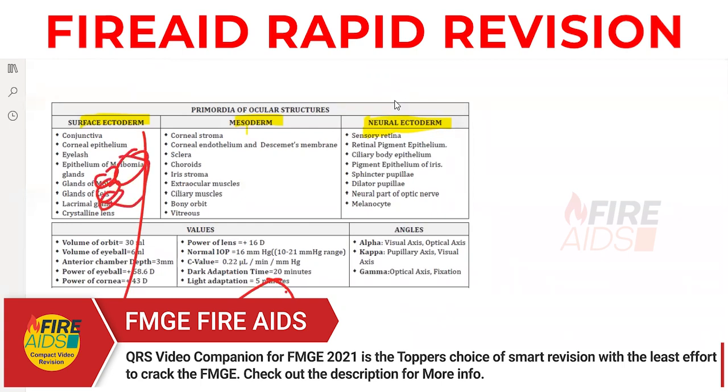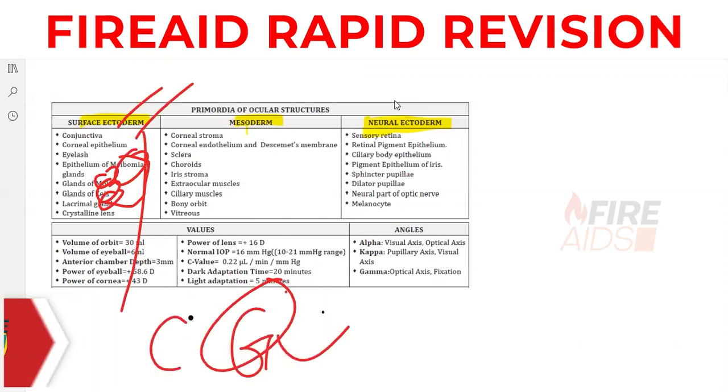All these four glands together. C is for conjunctiva, corneal epithelium, crystalline lens. So C gland is for surface ectoderm.